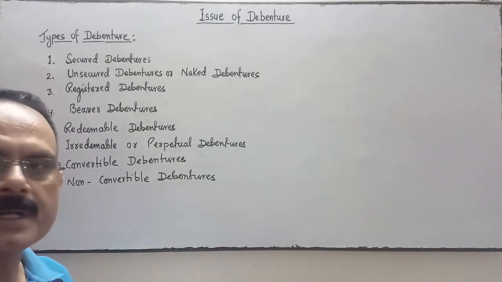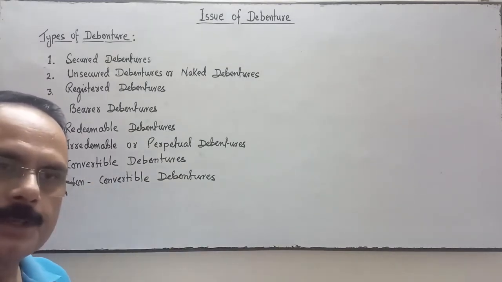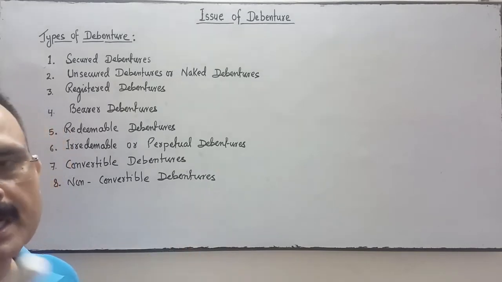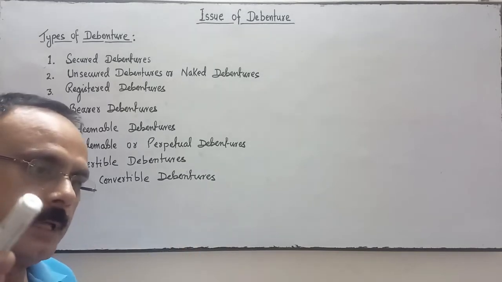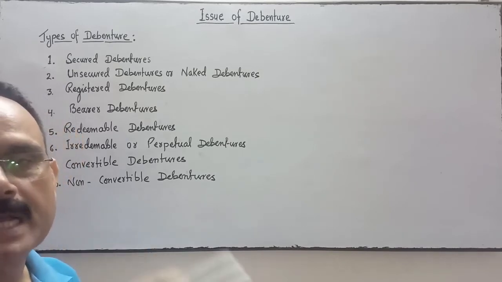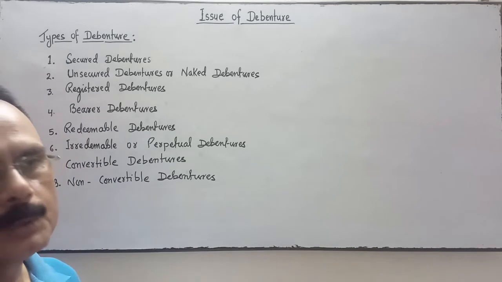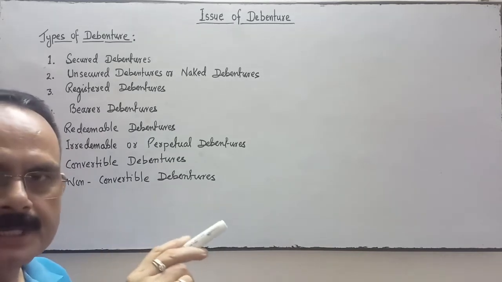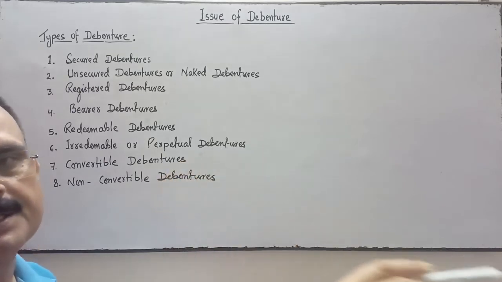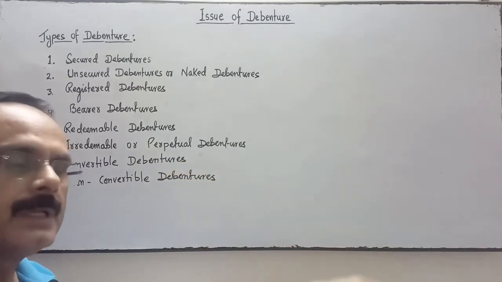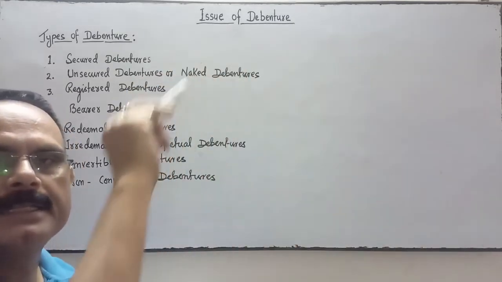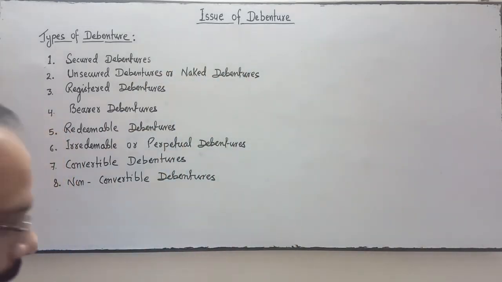The name and address of the debenture holder is registered in the company's debenture holder register. If the debenture holder wants to transfer the certificate, he cannot simply transfer it. At the time of transfer, he has to take a transfer deed, go through the legal process, and thereafter change the name in the register. Only then will the person to whom the debenture is given get the interest and the principal amount.